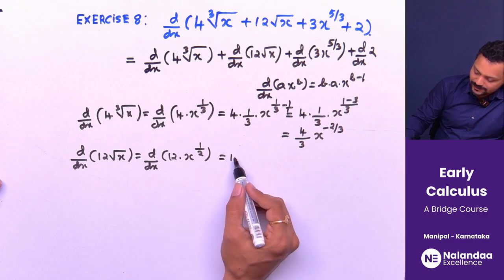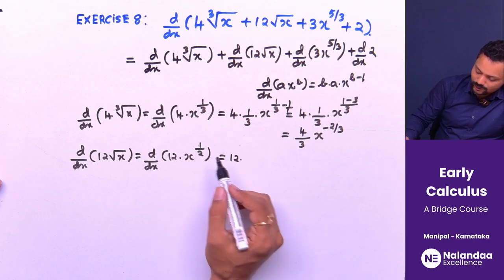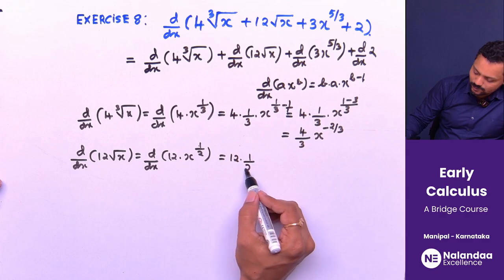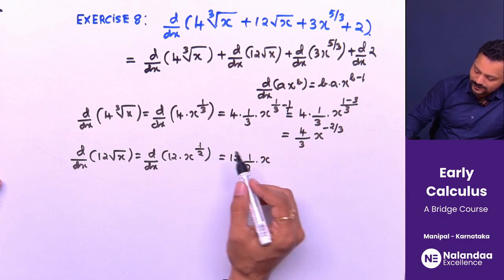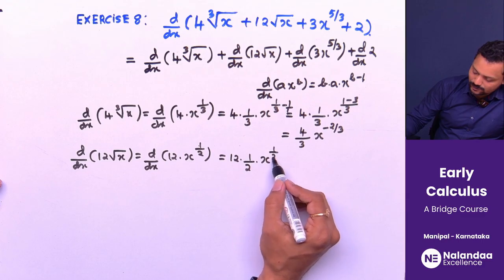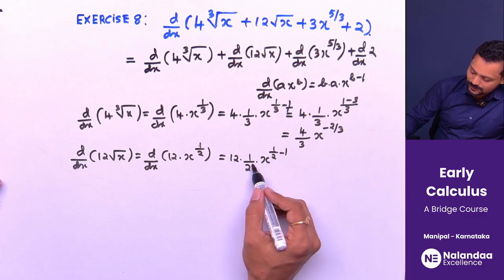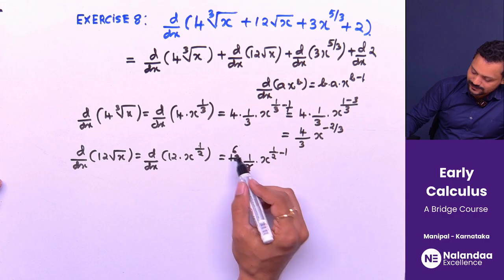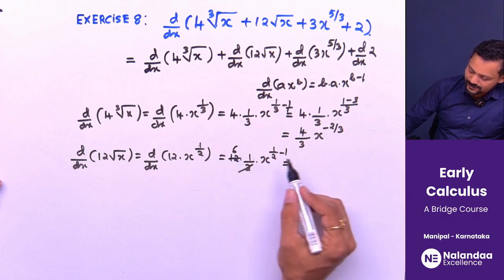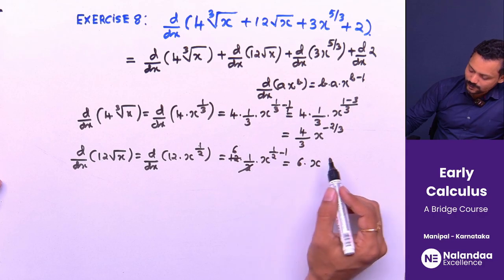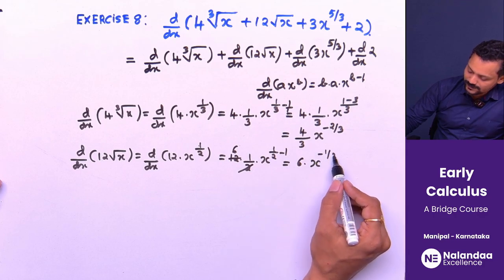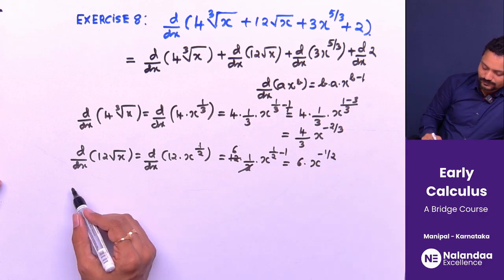So we will write a, that is 12, into b, that is 1 by 2, into x power b minus 1. So 1 by 2 minus 1. Here 2 cancels 6 times. So therefore this is 6 into x power minus 1 by 2.